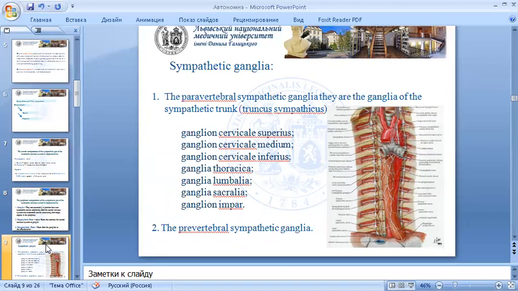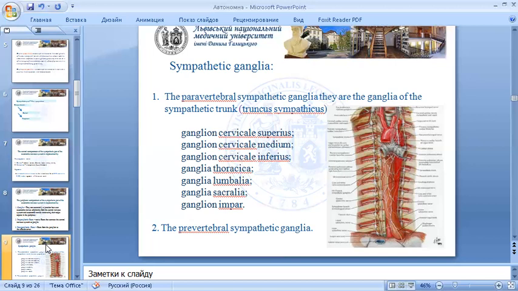This chain is represented by 3 cervical ganglia: ganglion cervicale superius, medium, and inferius. It also has 12 thoracic ganglia, ganglia thoracica, 5 lumbar ganglia, ganglia lumbalia, 3 sacral ganglia, ganglia sacralia, and 1 unpaired ganglion impar, which connects both chains of the sympathetic ganglia.